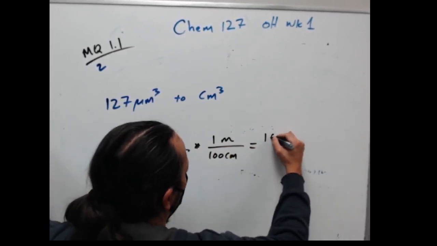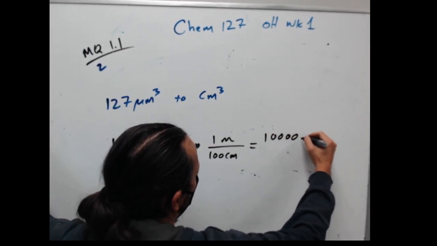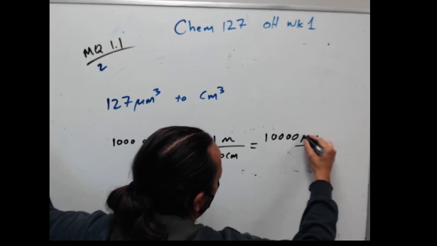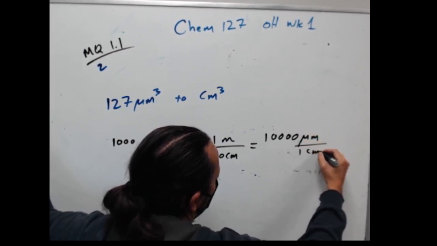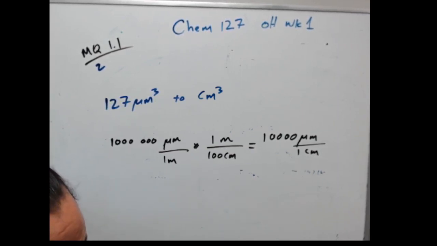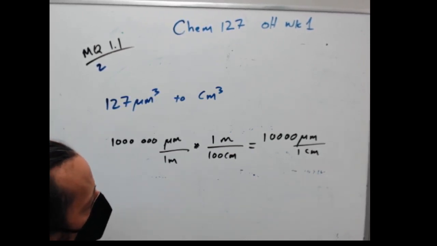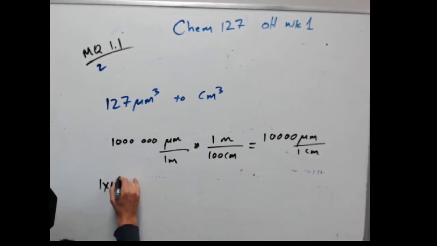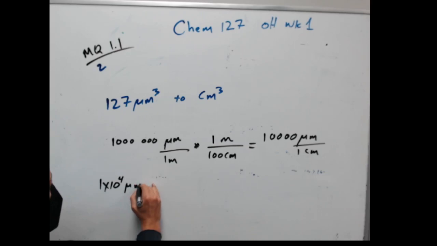I'm going to have 1, 2, 3, 4 zeros, micrometers per 1 centimeter. So this is 1 times 10 to the 4 micrometers per centimeter.